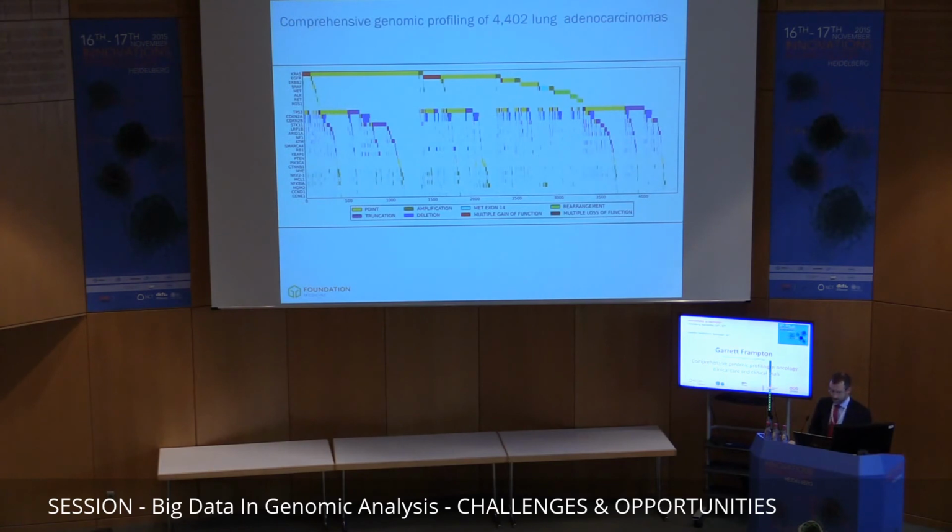So this is looking at co-occurrence and mutual exclusivity among all the genomic alterations, including these MET exon 14 alterations that we found, and this is focusing on the cohort of 4,400 lung adenocarcinoma specimens that we had profiled. So this is one of the ways we proved to ourselves that MET exon 14 alterations were clearly primary drivers in these specimens.